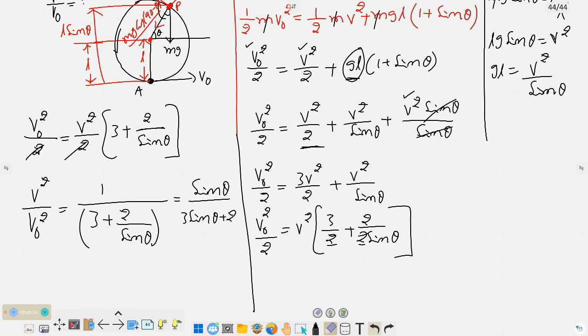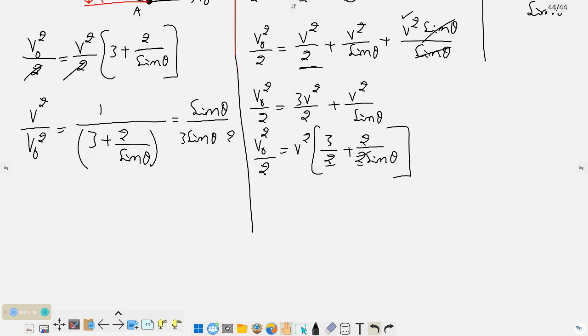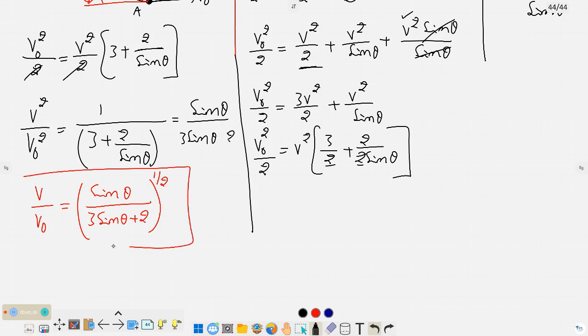And if you write the solution for this question, V by V naught, since it is a square, making it go to that side becomes a root. It becomes sine theta by 3 sine theta plus 2, whole power 1 by 2. This is the answer for the question.